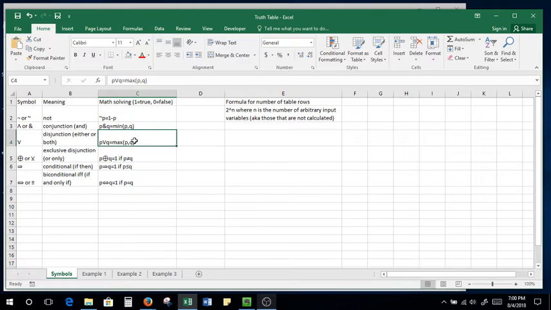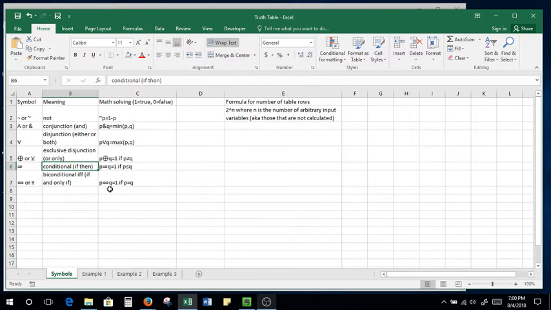If P and Q happened in disjunction, well, that max value would still return a 1. But if we were talking about or only, so it can't be and, then 1 equaling 1 would not satisfy this condition, and a 0 would be returned.